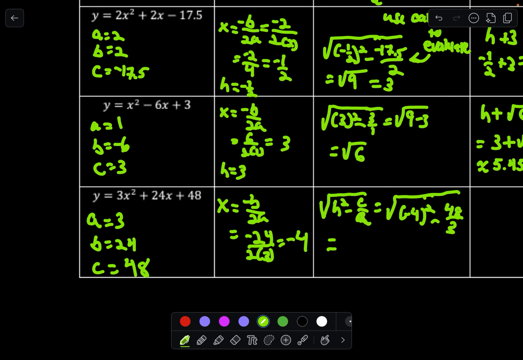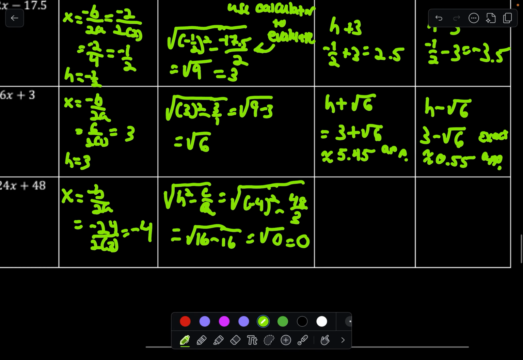This equals 16. The square root of 16 minus 48 divided by 3, which is also 16. And we get the square root of 0, which is 0. So the distance between the vertex and an x-intercept is 0. That means there's only one x-intercept. And that's going to be at negative 4.